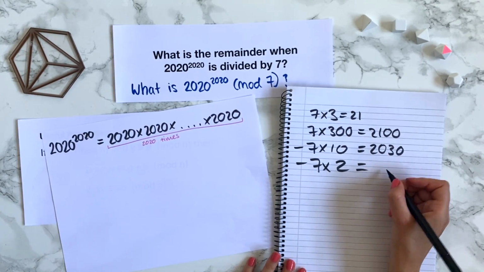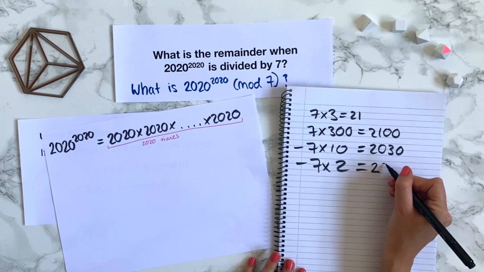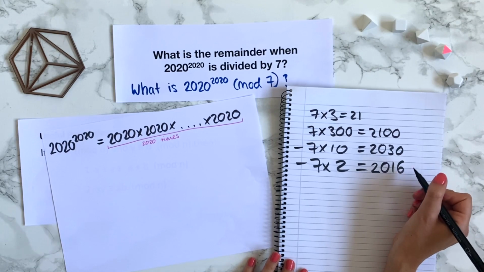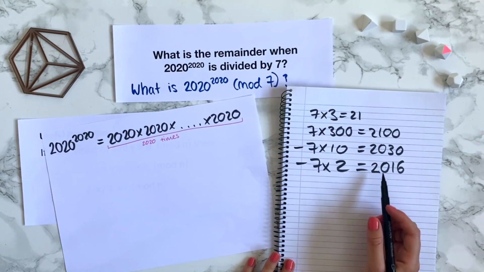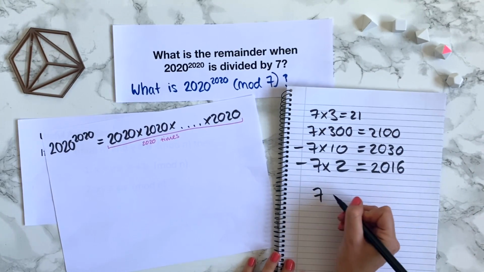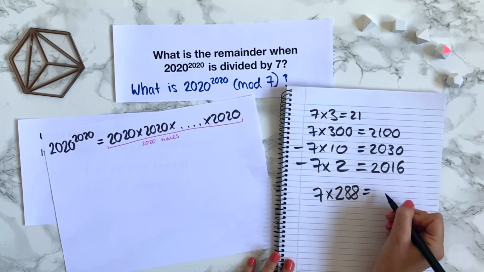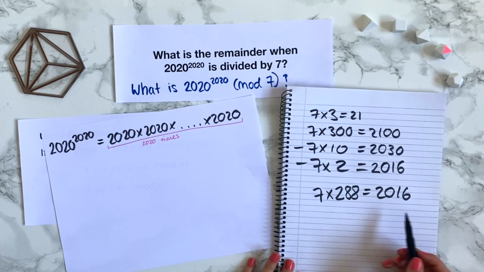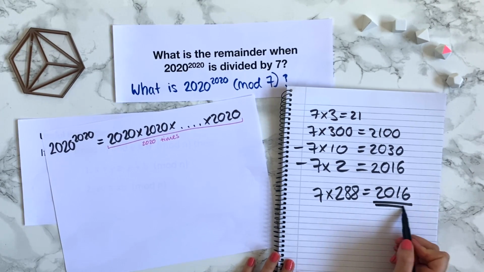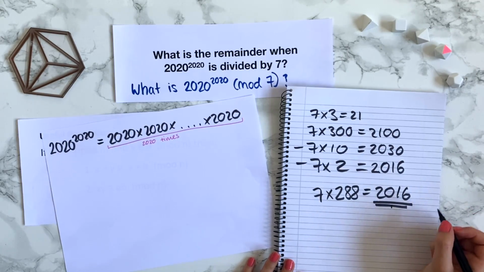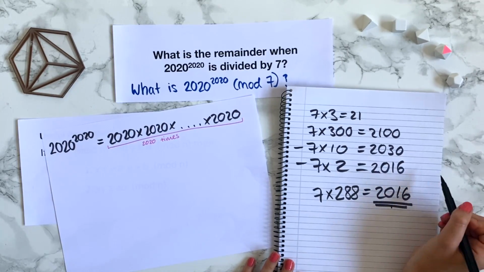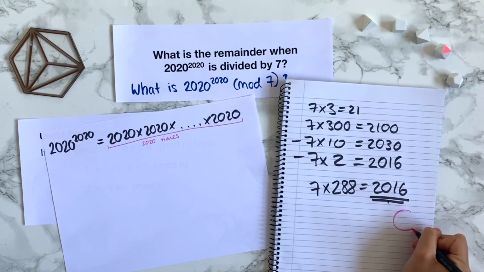And that will get me to 2016. So this little bit of working has shown me that 7 times 288 is 2016. And so therefore I know that 2016 is divisible by 7. So 2016 would appear at the top of our 7-hour clock.